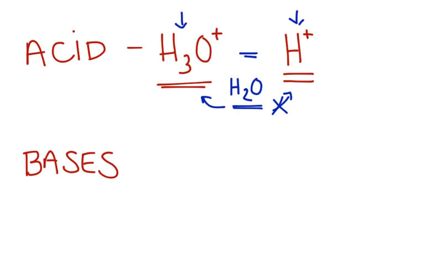Your bases, as you look at your PowerPoint: bitter taste, slippery feel, big variations in solubility. They turn litmus paper blue. But the big thing is bases generate hydroxide ions, OH-. If you take away nothing else, remember that hydronium, H3O+, comes from an acid, and hydroxide, OH-, comes from a base.